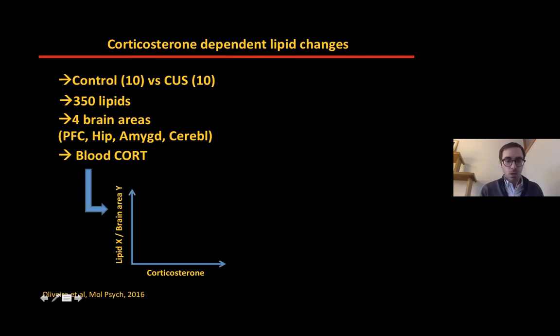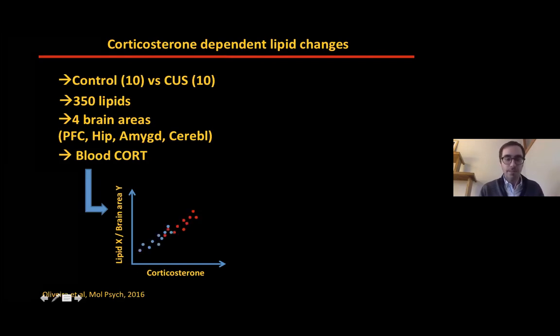And we plotted these lipids in each brain region against the corticosterone levels, in order to understand which lipid species would be affected, at least trying to explain how corticosterone would be changing this lipidome in the context of chronic stress.